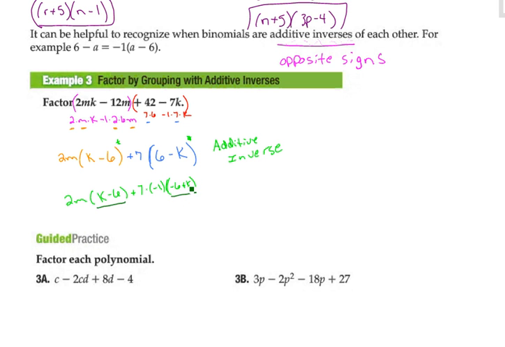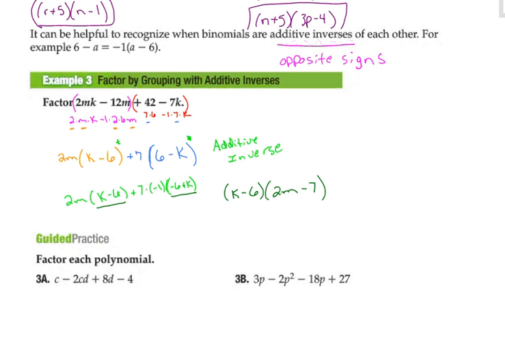I'm going to rewrite this as k minus 6 because we like to keep the variables first. So I am going to distribute out a k minus 6. What factors are left over? A 2m, but now a 7 times a -1, which is a -7.